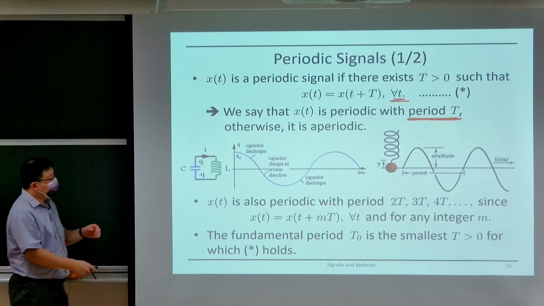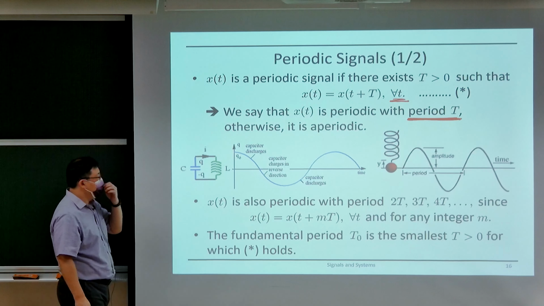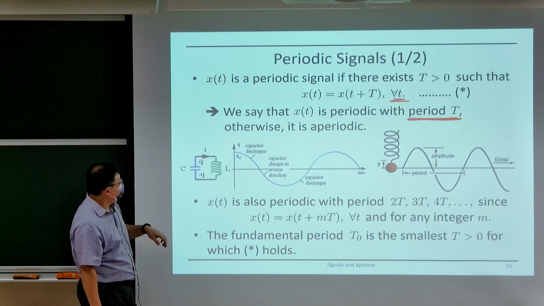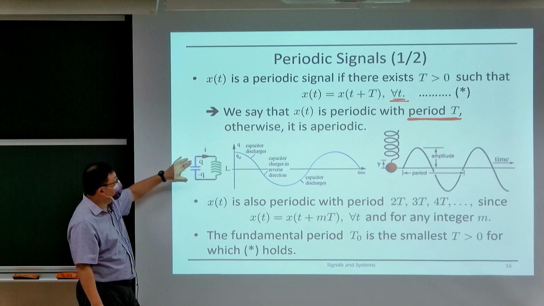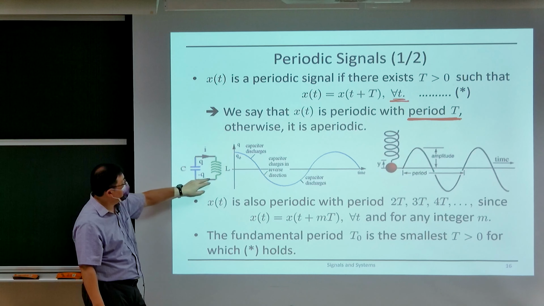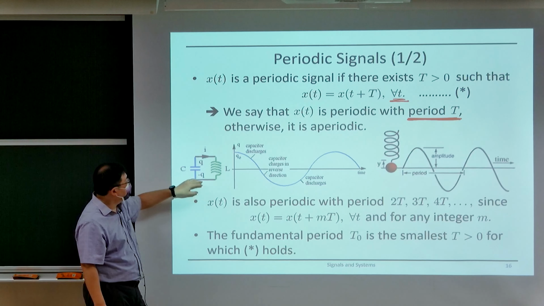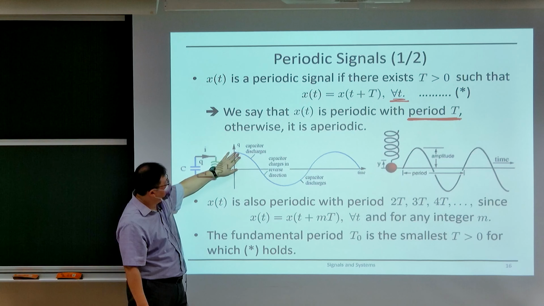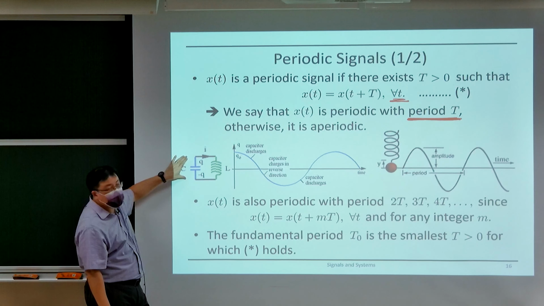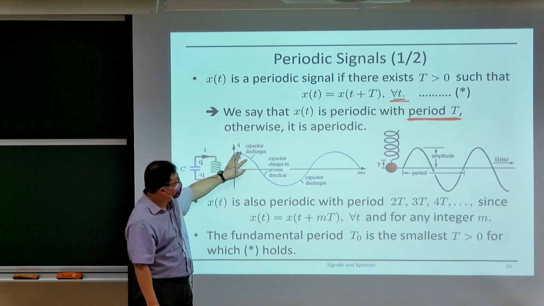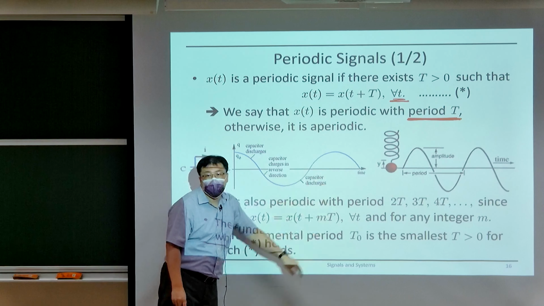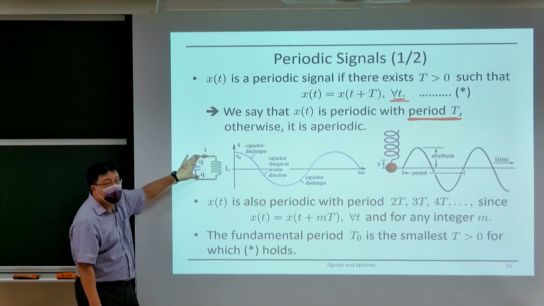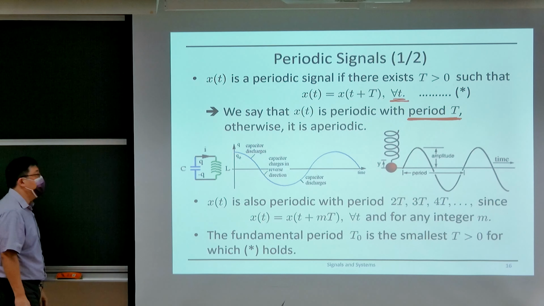Now, these are some typical examples that you may observe in practice. For example, if you're observing the voltage across a capacitor in this LC circuit, then you will see an oscillation of the voltage as the capacitor discharges and charges, as the energy goes between the capacitor and the inductor.